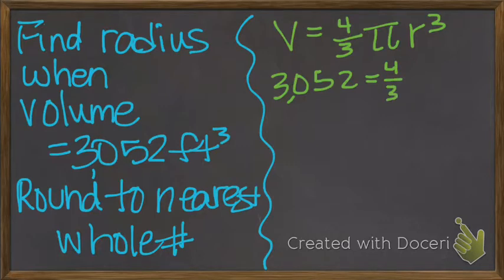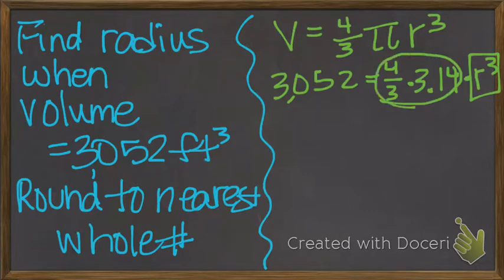4/3 stays 4/3. Pi is 3.14, and we don't know r cubed. We want to find out the value of r. So we need to multiply these two together. When we do that, we get 4.1867 times r cubed.